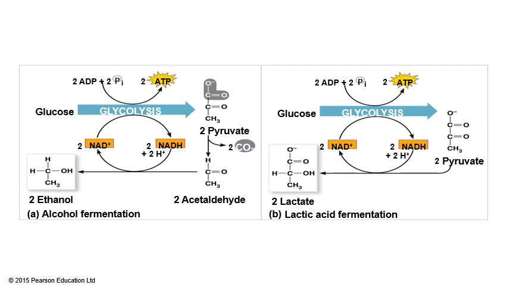This is fermentation without O2. So for glycolysis in alcohol fermentation and in lactic acid fermentation to continue on and on, they need NAD+. They need a continuous supply of NAD+.